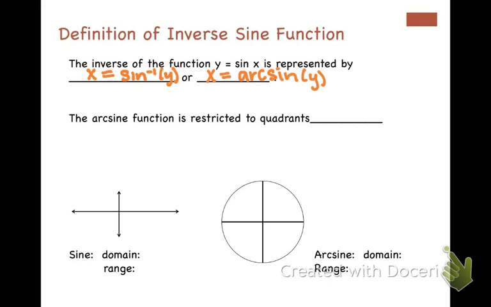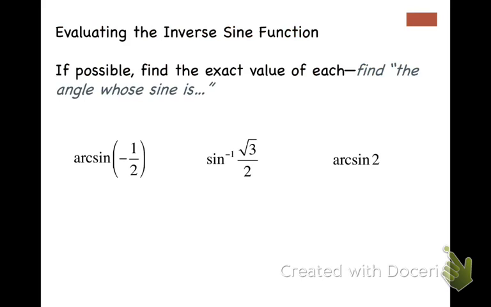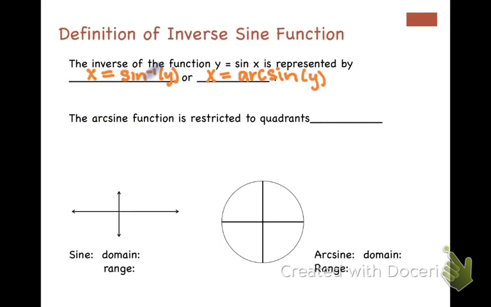The reason why some math teachers and some math classes use arc sine is because that little -1 on the sine looks like it's an exponent, but it's not. It's just a label. Like when we talked about f inverse of x, that was the inverse.